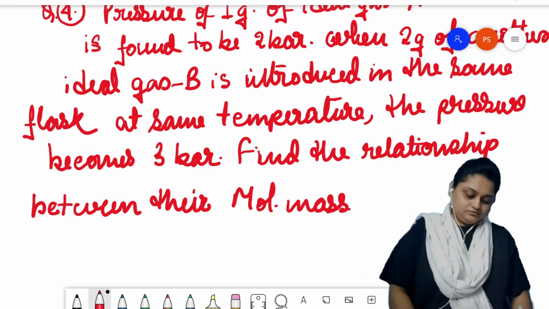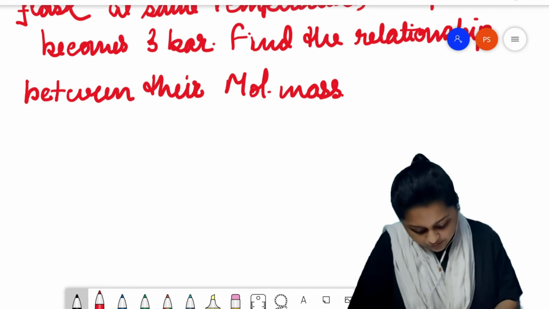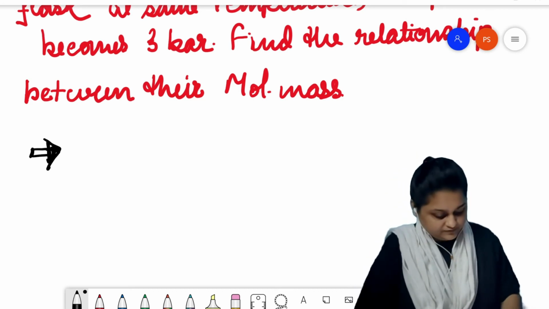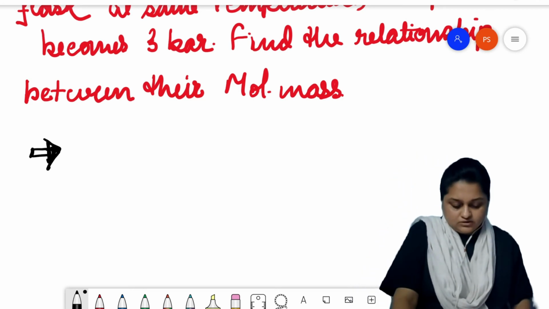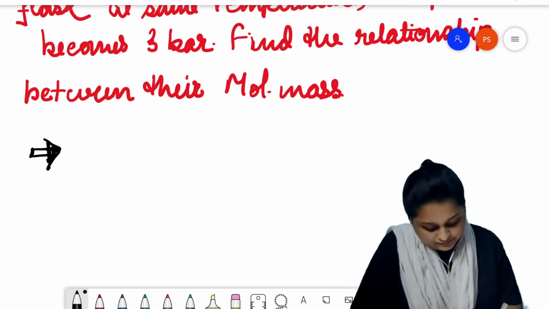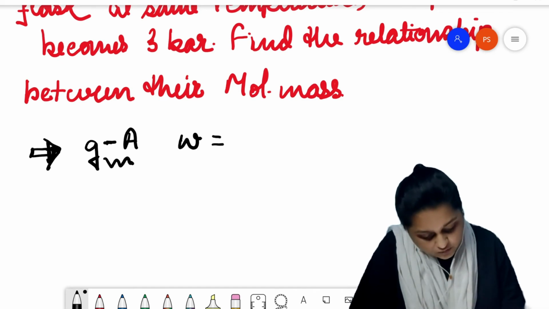Now, what is given in the question is ideal gas A has mass 1 gram.